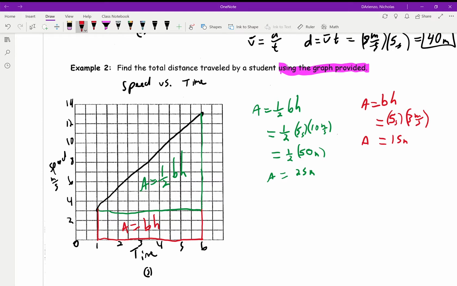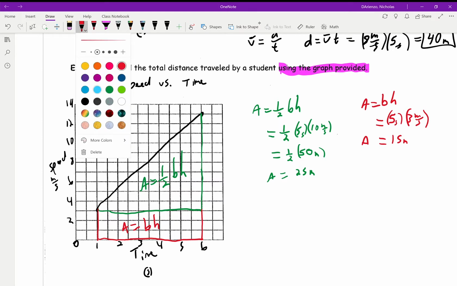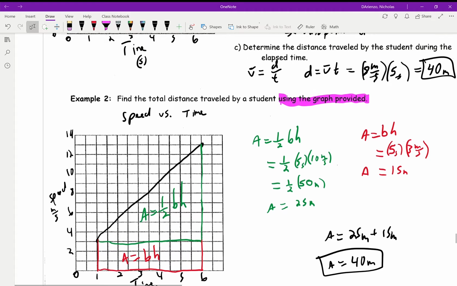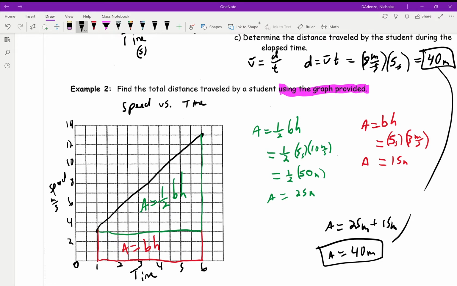So area equals 15 meters. Now we combine these two. 25 meters plus 15 meters. Area equals 40 meters. And this gives us the same answer that we got prior.